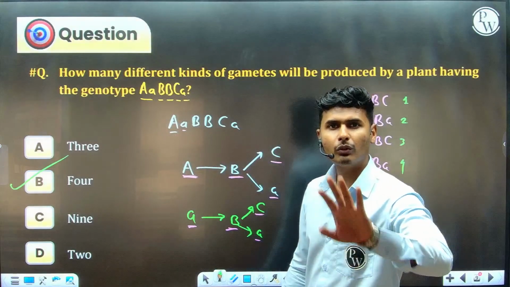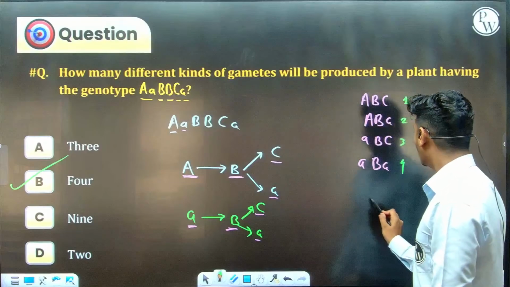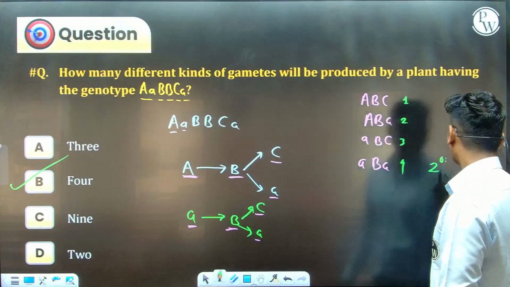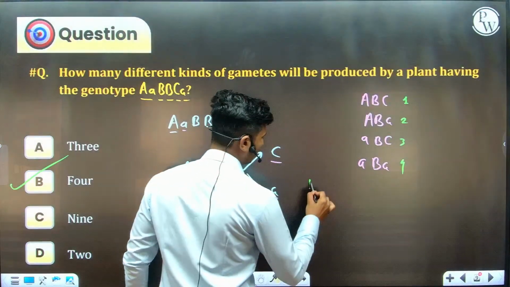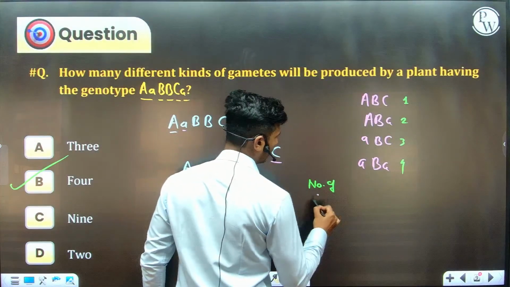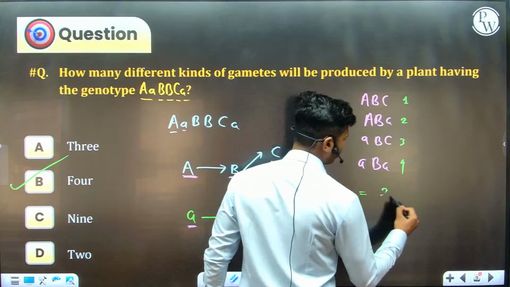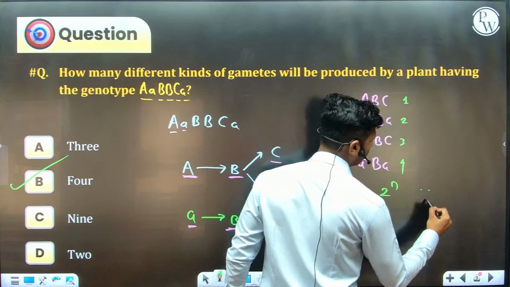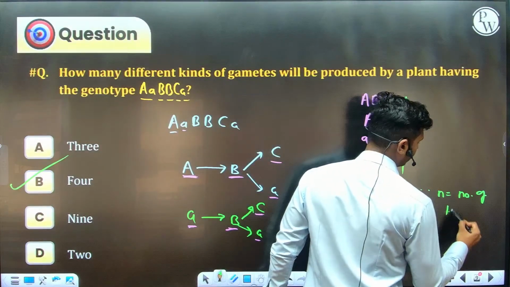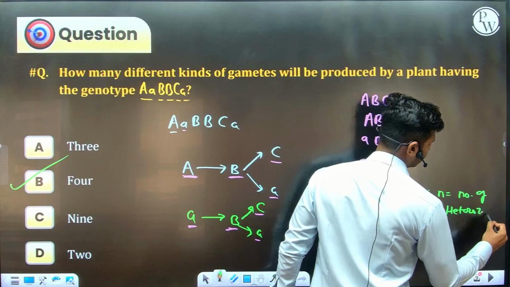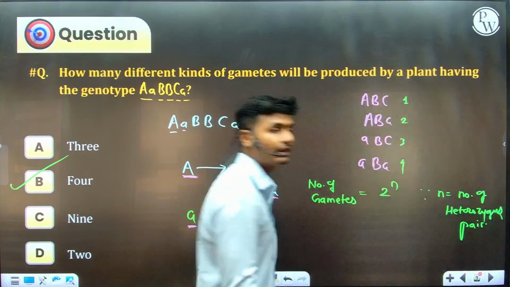Directly, if you want to calculate this answer, you have a formula: number of gametes is equal to 2 raised to the power n, where n is equal to the number of heterozygous pairs.